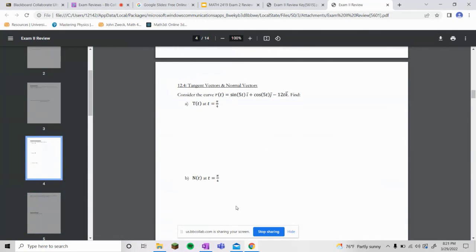So sine of 5t, cosine 5t, -12t. We want T at pi over 4.